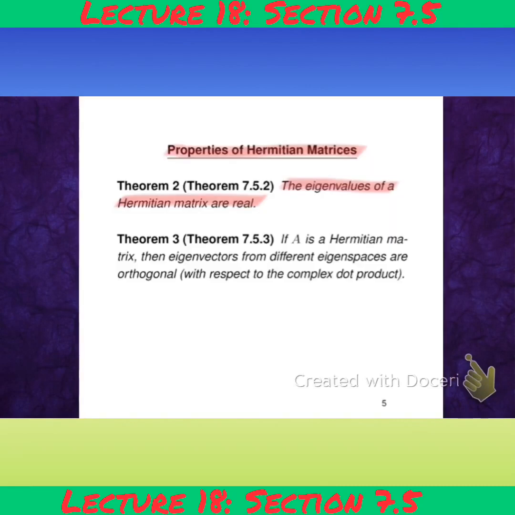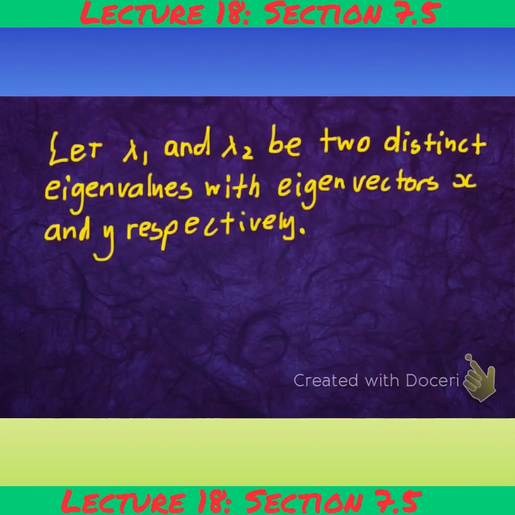Okay, the next one, Theorem 3: if A is a Hermitian matrix, then the eigenvectors from different eigenspaces are orthogonal with respect to the complex dot product. Right, so let's take two distinct eigenvalues and let x and y be respective eigenvectors.